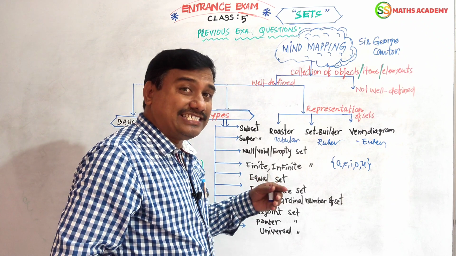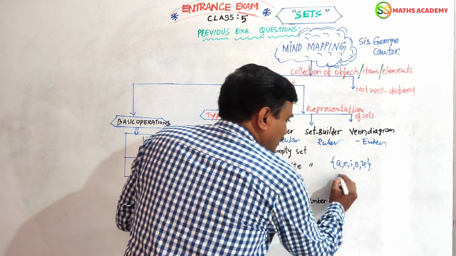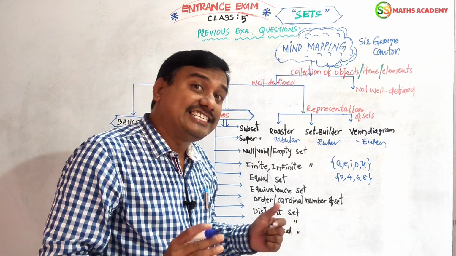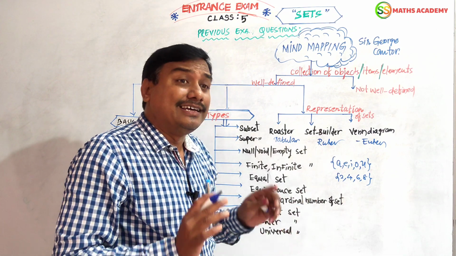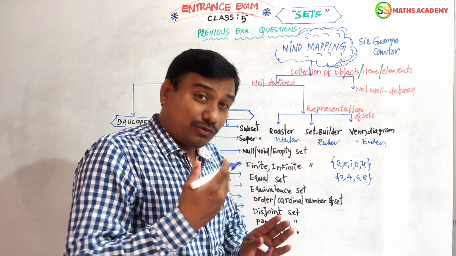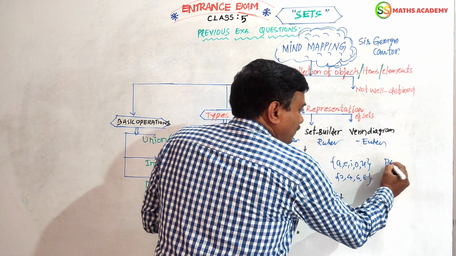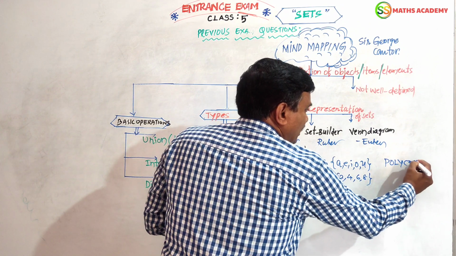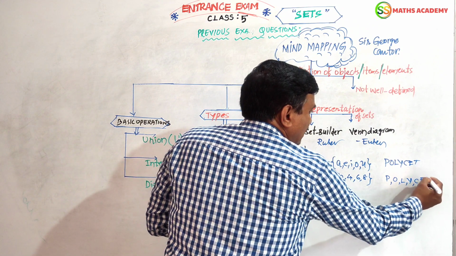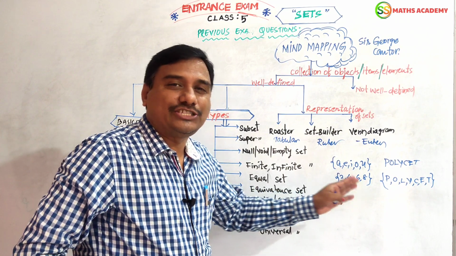The set of even numbers less than 10: 2, 4, 6, 8. These are the even numbers less than 10. You see, I separated the elements. The letters in the word Polycet, we have to write as a set: P, O, L, Y, C, E, T. This is an example of roster form as well as tabular form.